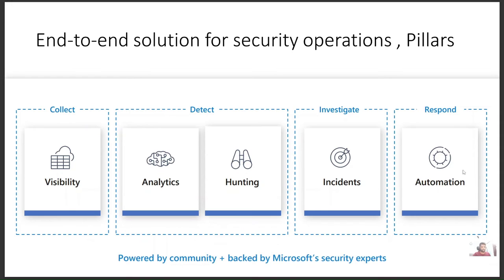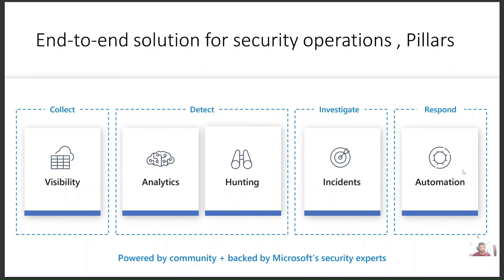If you combine all of those pillars, these are the steps taken to configure this particular SIEM solution. First, you collect in terms of data connectors, then you apply your analytics and hunting, which is the detect pillar.